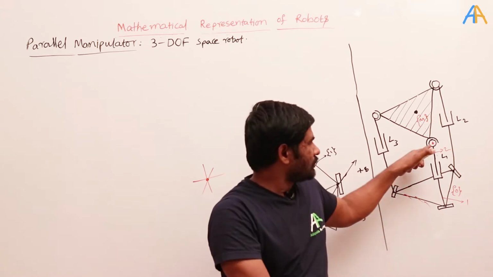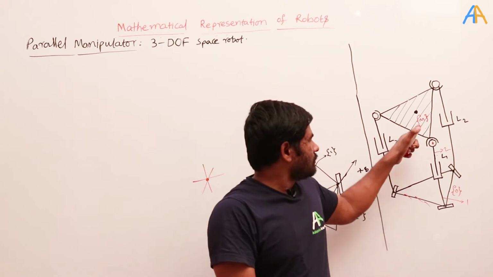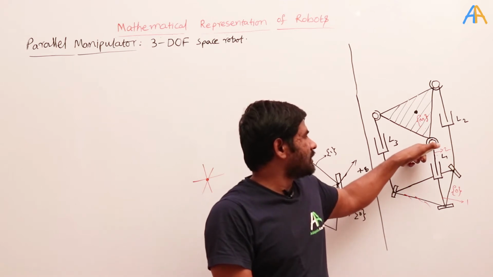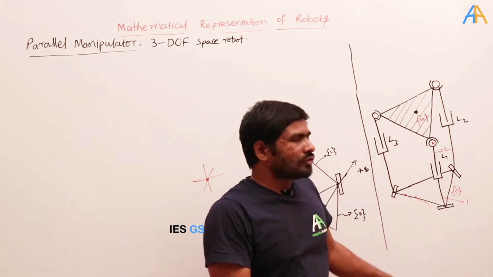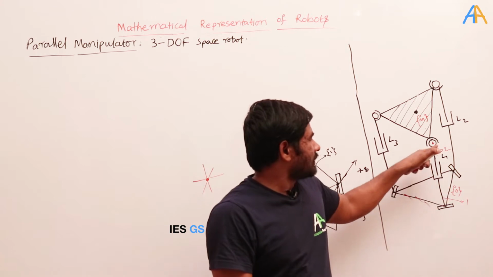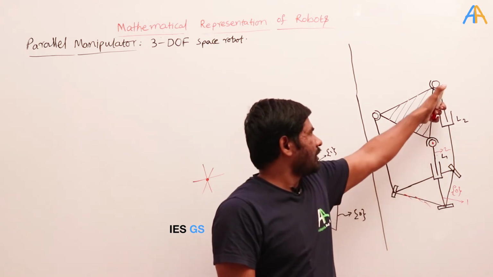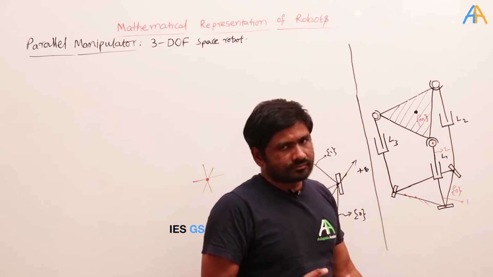And even though the rotation of the moving platform happens with respect to the center, if I know the center, then I can easily travel up to here. So my main idea is to find the position vector up to here on link 1, up to here on link 2, and up to this corner point on link 3.